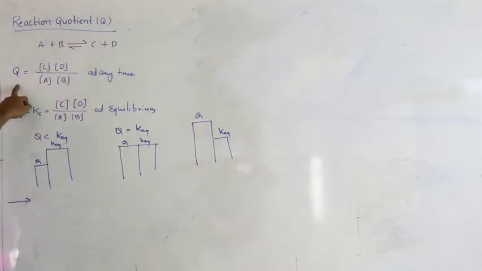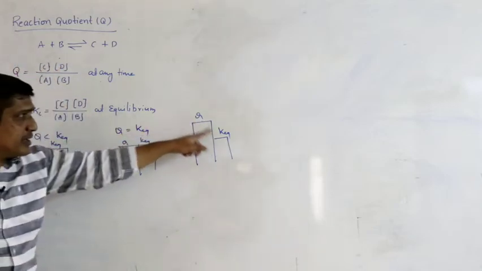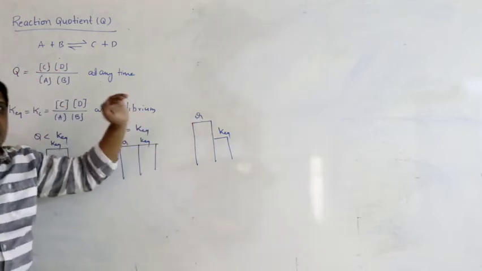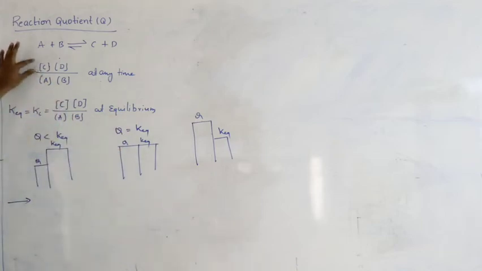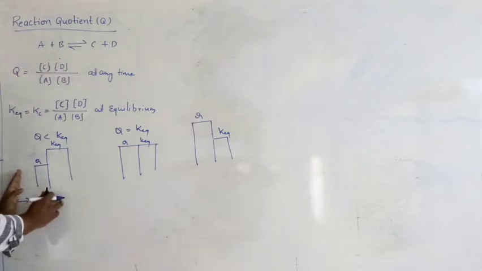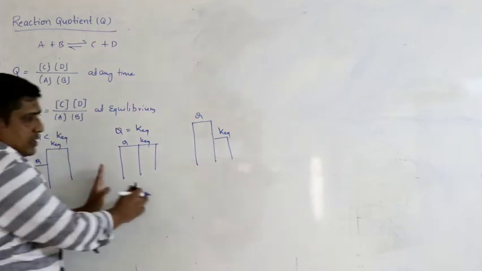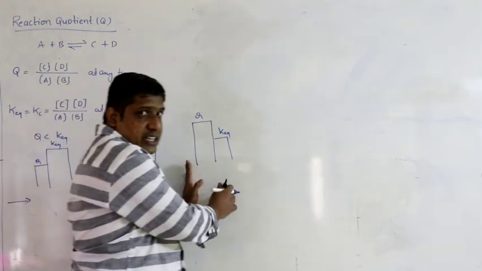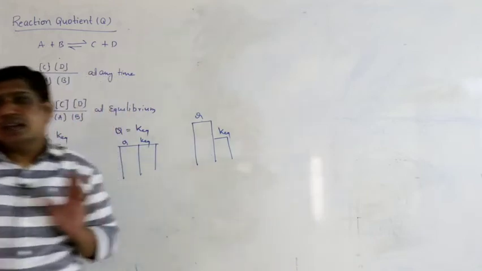If Q is more, then the concentration of products has to be decreased in order to make them equal. That is possible by decreasing the products and increasing the concentration of reactants. To increase the concentration of reactants, the reaction has to move in the backward direction.